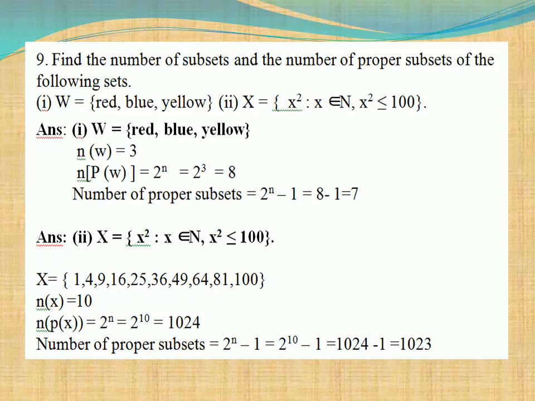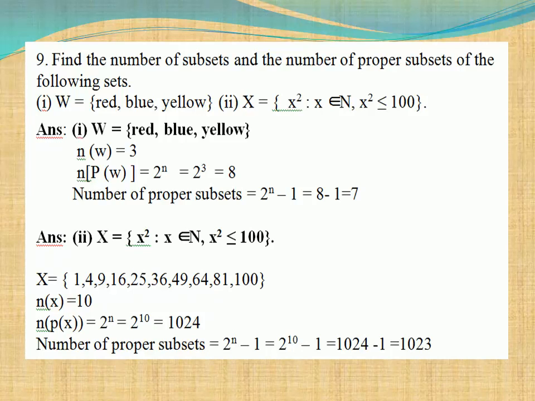First I am substituting 1: 1 square is 1, 2 square 4, 3 square 9, 4 square 16, 5 square 25, 6 square 36, 7 square 49, 8 square 64, 9 square 81, 10 square 100. If we move further, it will become more than 100. So these are the elements of X.